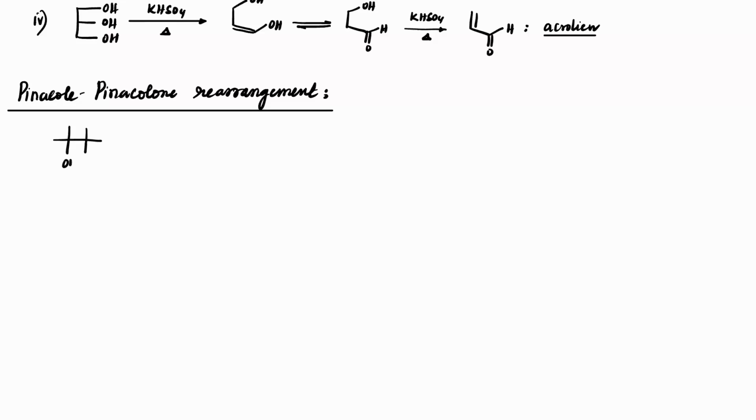If you have OH and OH on adjacent carbons, this is called pinacol. What is pinacolone? If one of the methyls is shifted, I would make it like this: double bond O, and three methyl groups are present, and that is called pinacolone. Pinacol and pinacolone.